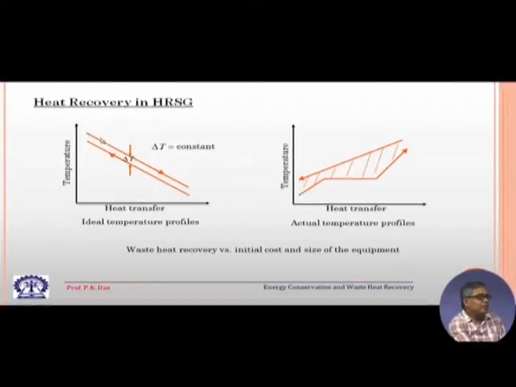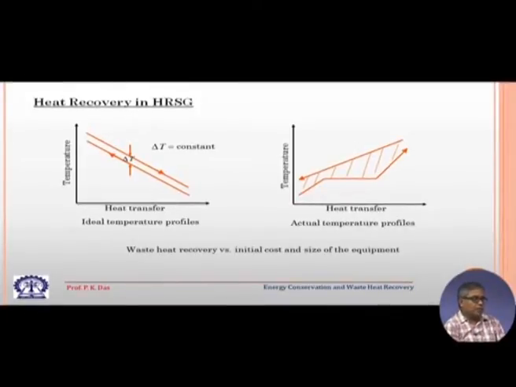So, the gas stream, its temperature will decrease like this, and the liquid and vapor stream, the temperature will increase like this. For a counter current heat exchanger, if we can make them flow in such a manner that the delta T between these two streams is small enough, practically 0, then we get very high efficiency of energy exchange between these two streams.